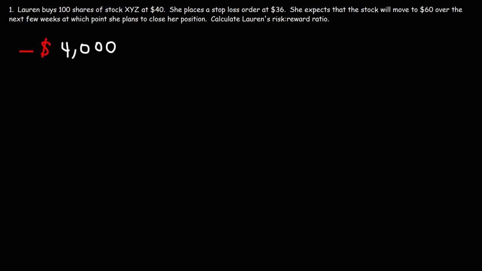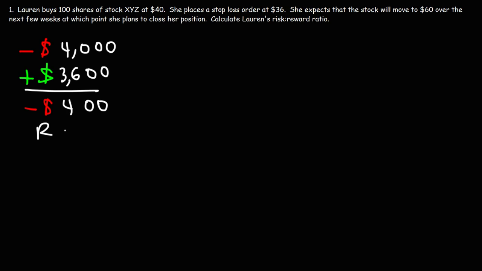So in the event that the stock moves against her, once it reaches 36 or below, it's going to trigger, ideally selling her shares at $36. If she were to sell at that price, her account will be credited with $3,600. Therefore, she's risking $400 in this trade. That's how much she can lose if the stock moves against her. So that's the risk of this particular trade.